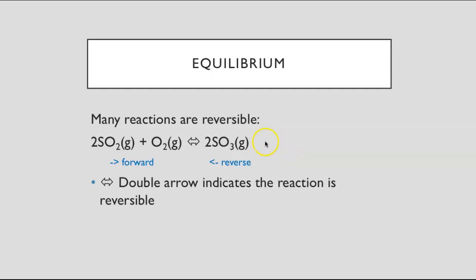But in real life, as SO3 is being formed, SO3 particles can collide with one another and break back up into SO2 and O2. So whenever you see this double arrow, that means that the reaction is reversible.